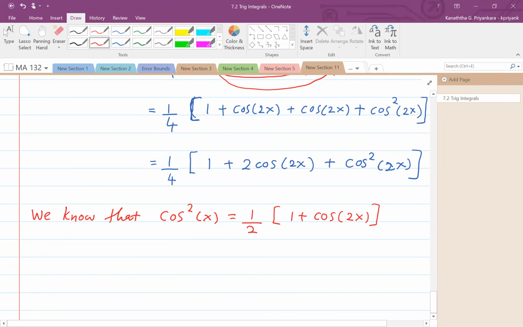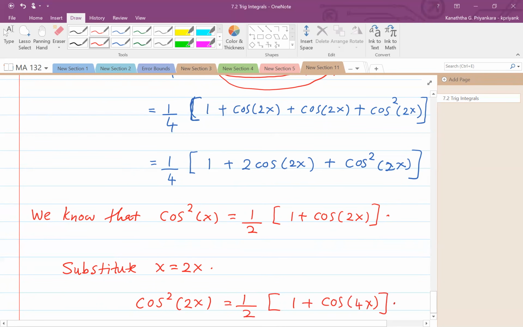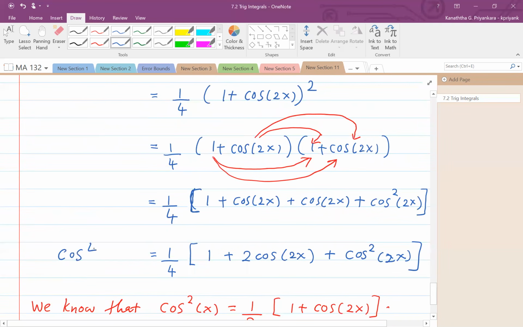So I'm going to replace x by 2x. Substitute x equals 2x. So we get cosine squared 2x, that would be 1/2 times 1 plus cosine, and if I substitute x equals 2x, we get 2 times 2x, which is 4x.